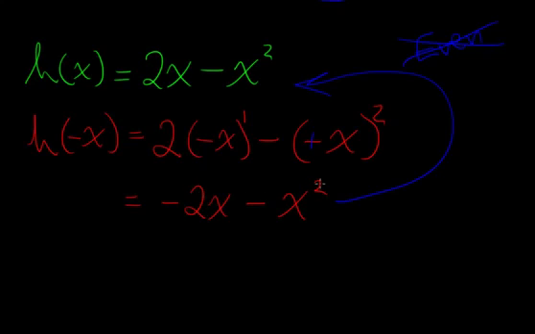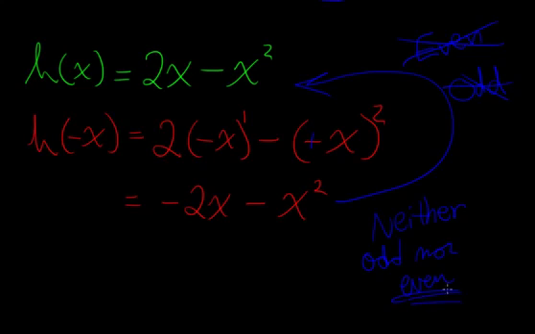Is it the whole thing with a negative? No, because if you take out a negative, this becomes positive, and that's automatically different. So it's not odd either. It's neither. I don't even know if I spelled that right. Neither odd nor even. That's what this function is, h of x.